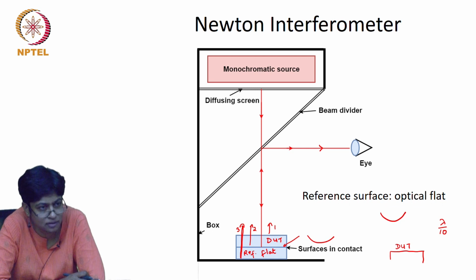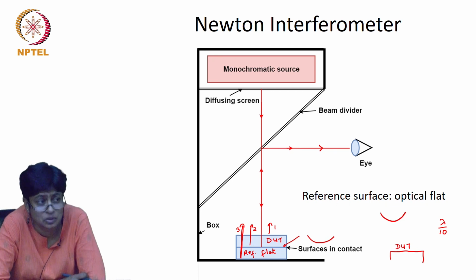Is it going to bother me when I try to analyze the surface? No, it's not going to bother me. That it does, it is a problem. I don't want it. I don't want that beam there.